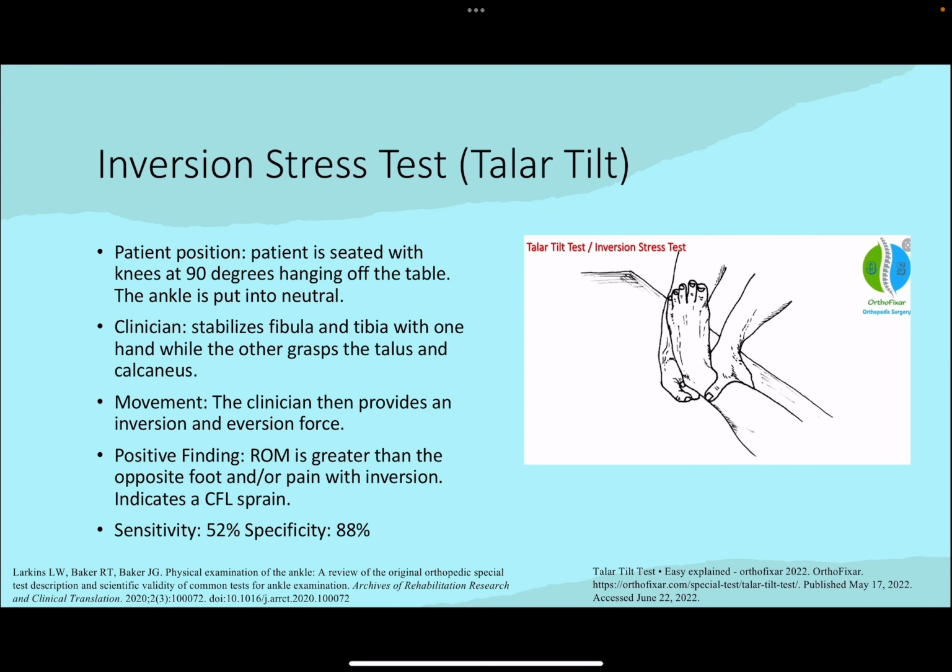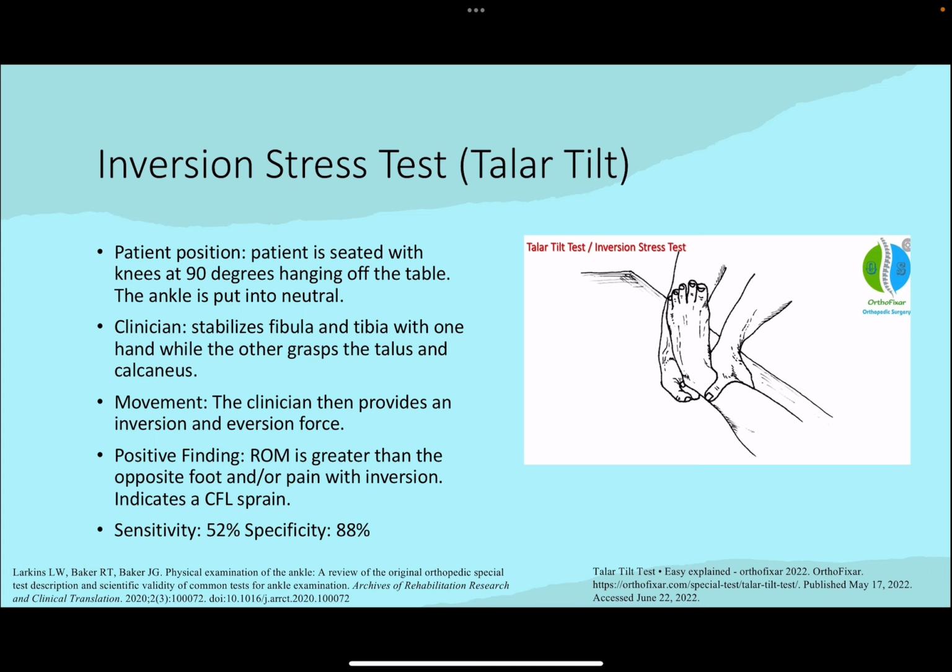The next test is the inversion stress test, or Talar tilt test, as we like to call it. The patient is going to be seated with the knees at 90 degrees hanging off the table, and the ankle is put into neutral. The clinician stabilizes the fibula and tibia again with one hand while the other one grasps the talus and the calcaneus. The clinician then provides an inversion and eversion force, rocking that talus back and forth.